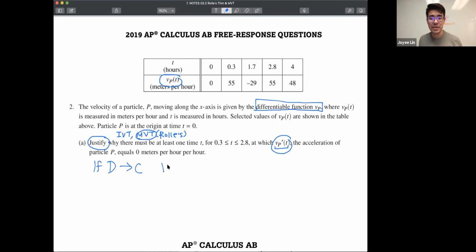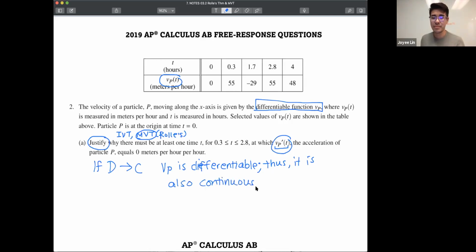v sub p is differentiable. You can use therefore or thus if you want. Thus, it is also continuous. And then you probably want to put the intervals, right?